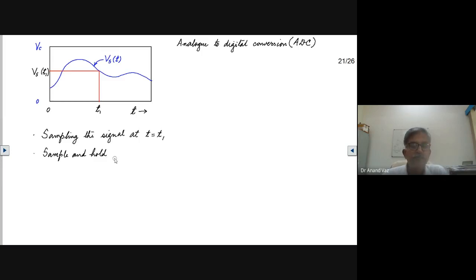So we have to sample the signal and hold the signal, and we have to hold it till the process of the conversion is completed.